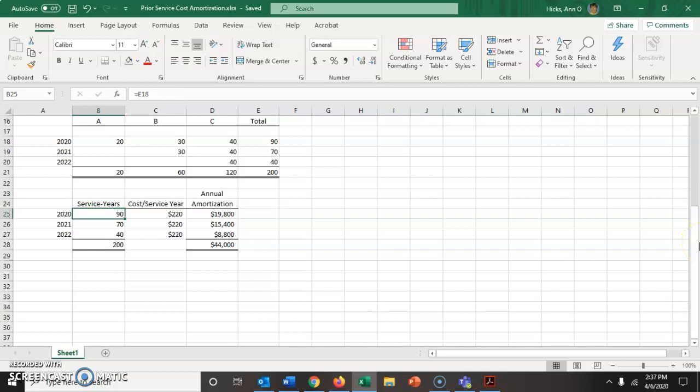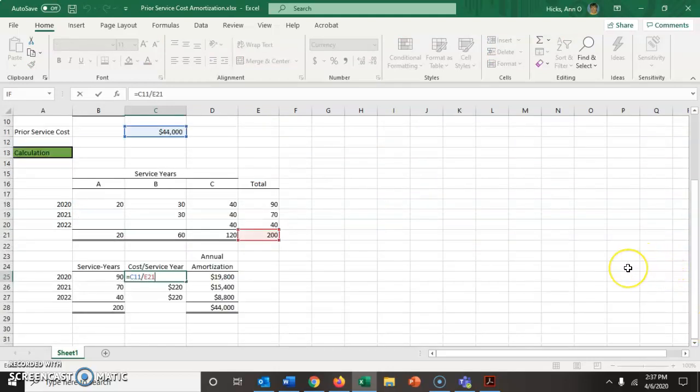So for 2020, we pulled the 90 service years being worked that year, and then we calculated a cost per service year, and all I did there was I took the $44,000 in prior service costs and divided it by the total service years of 200 represented by our current employees.